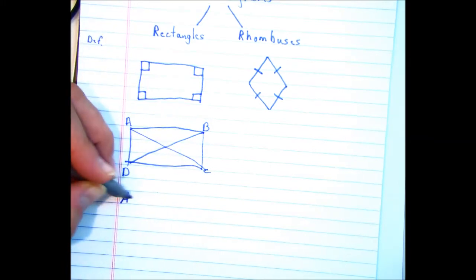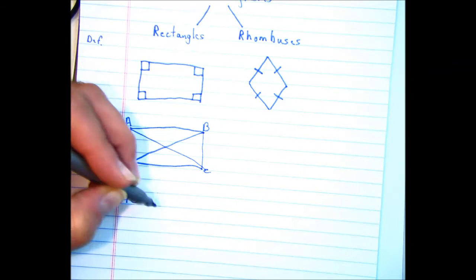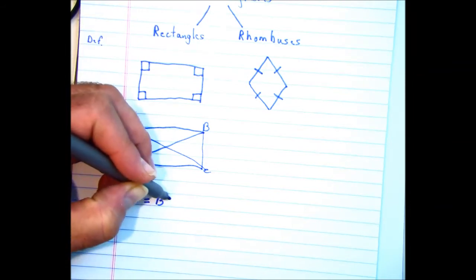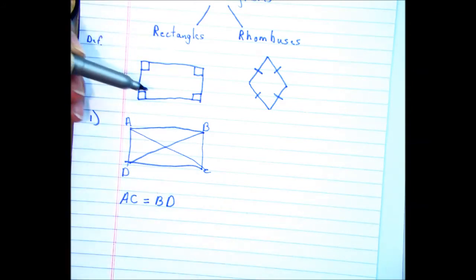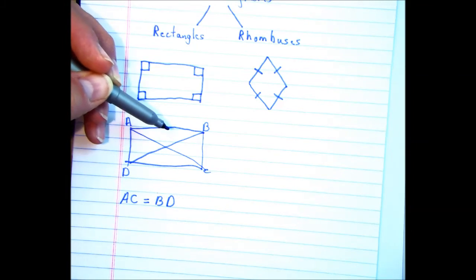And that would be AC is equal to BD. Diagonals are congruent. Okay? And that is, by definition, a rectangle. So if they say you have a parallelogram where the diagonals are congruent, notice they've given you two things.